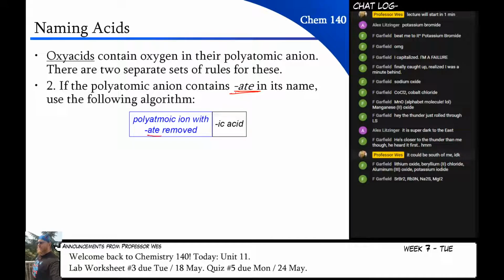Remove the -ate, and then apply -ic acid to the end. So for example, this is the ion that is present in this, because remember H+ is the other thing. This is nitrate. We're going to get rid of the -ate, and we're just going to put -ic acid after it.